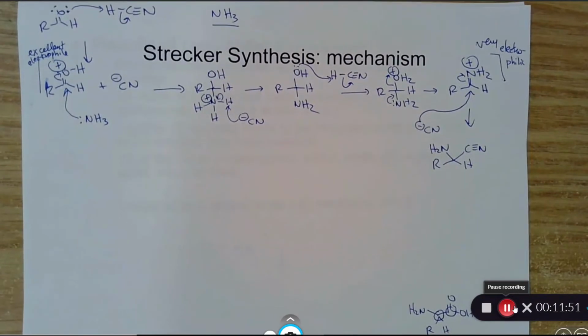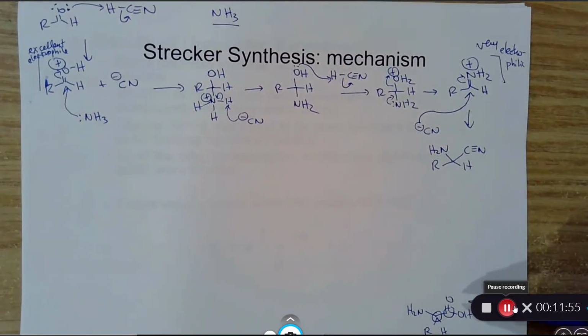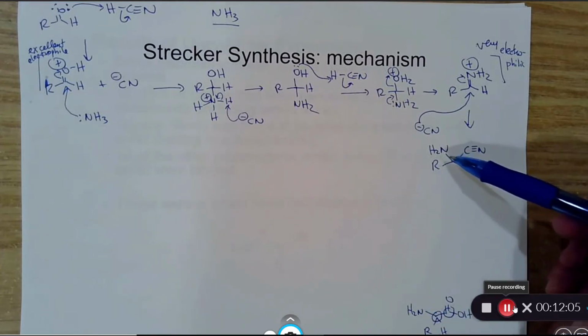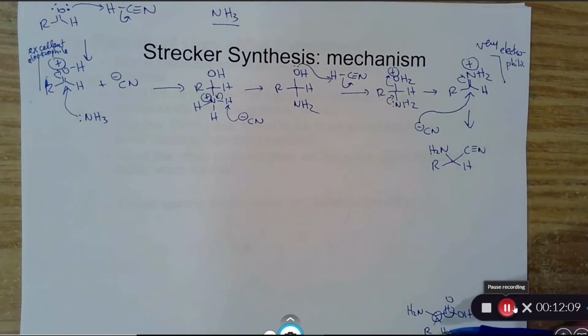And what you can see if you compare the structure here that I've drawn to the one in the lower right-hand corner, you can see the overall backbone is actually the same. You have a nitrogen, carbon, carbon. Here you have a nitrogen, carbon, carbon, R group, and then hydrogen, R group, hydrogen.